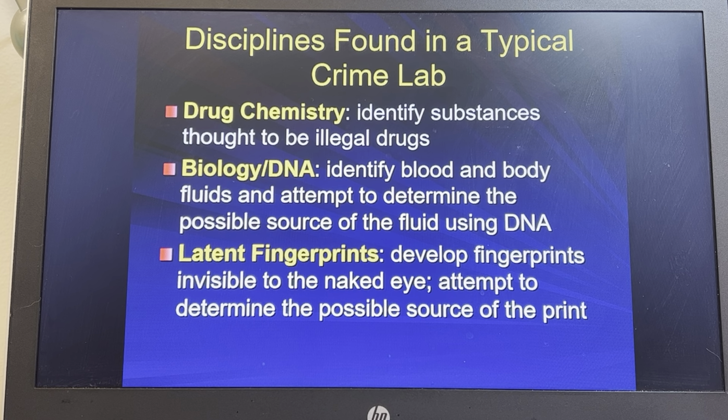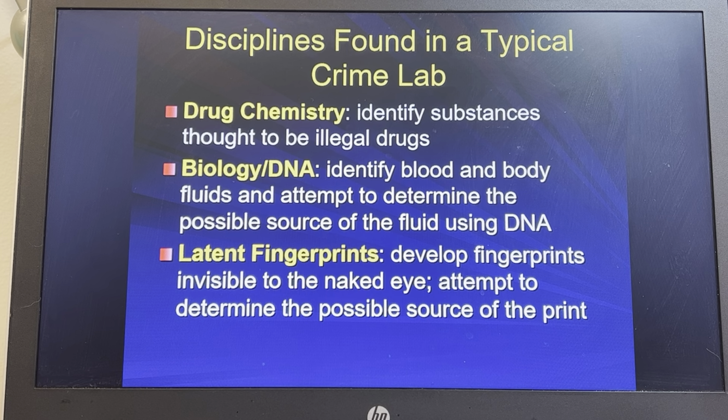So the first thing that's going to happen is to try to identify the body fluid. So it can be anything from blood, semen, saliva, urine, vomit, and then take it a step further and try to identify who could have deposited that fluid. So trying to get a DNA match with a suspect, or trying to exclude people from having contributed to that stain. Okay, so that's what happens in the biology DNA section.